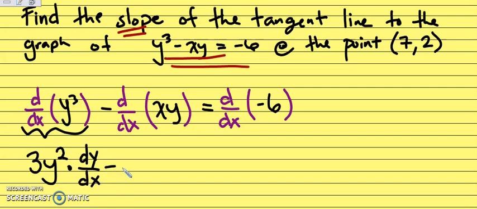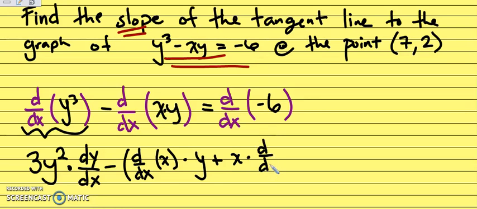Now we're going to subtract the derivative of xy with respect to x, but this is a product. So it's the derivative of x with respect to x times y plus x times the derivative of y with respect to x.